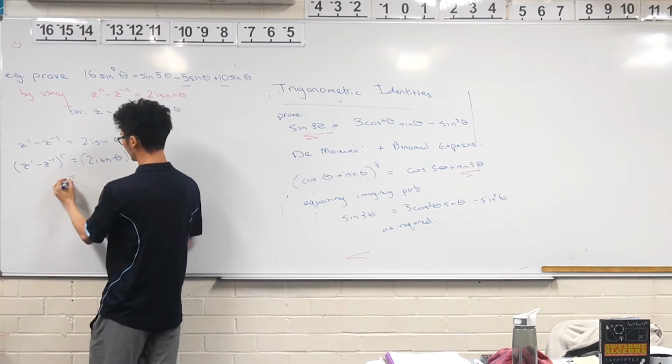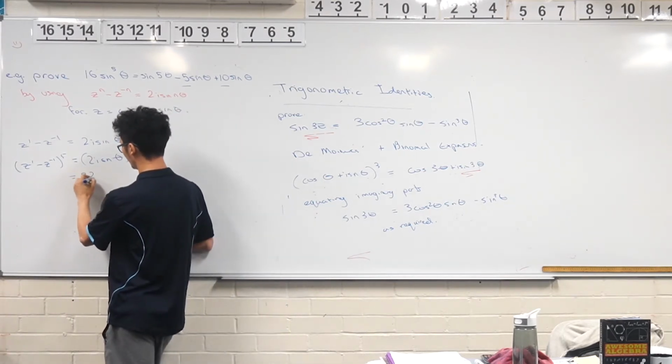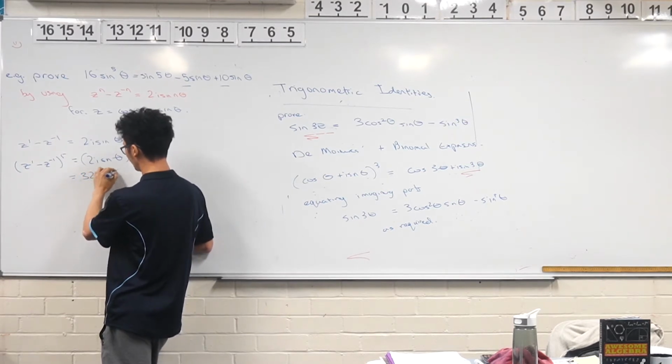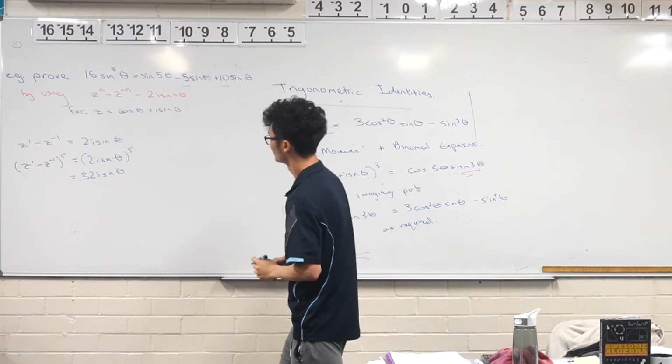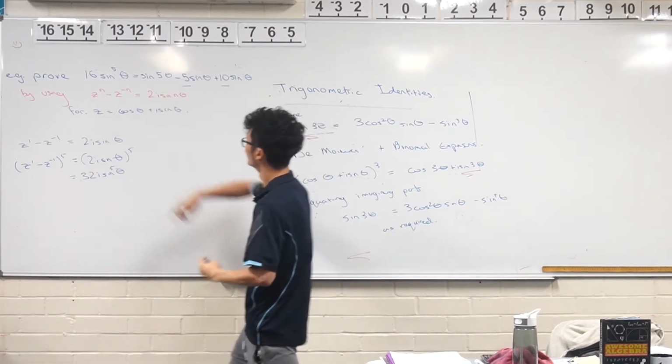That would give me 32i sin θ to the power 5. So that's something, and it looks something like this.